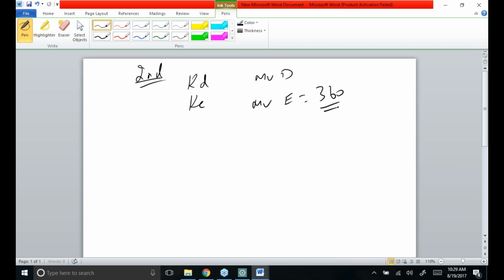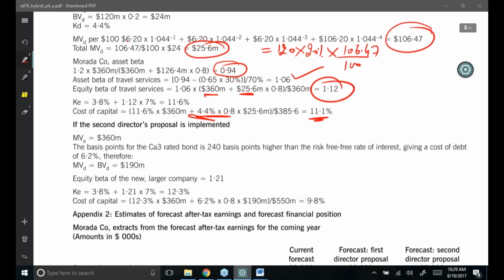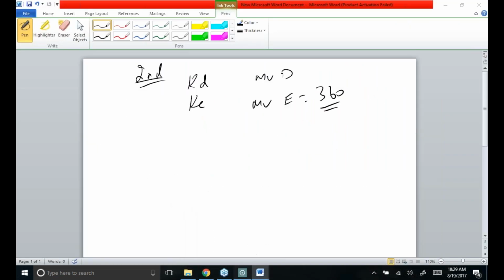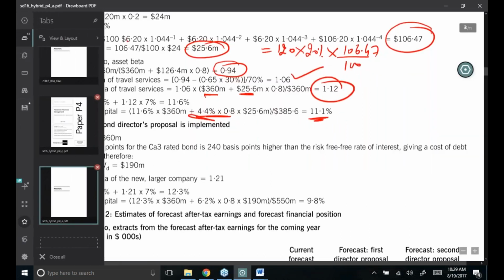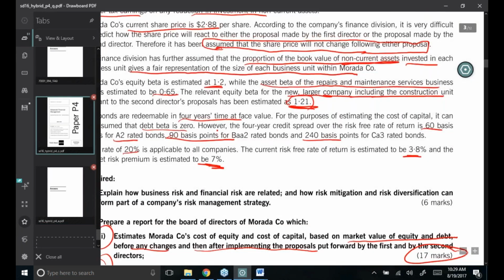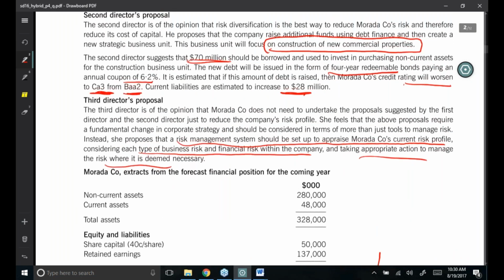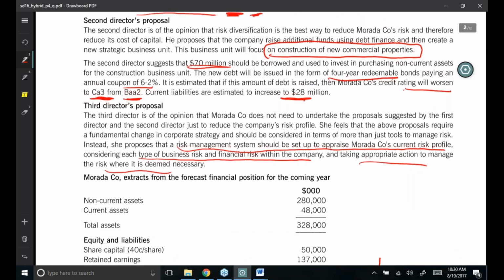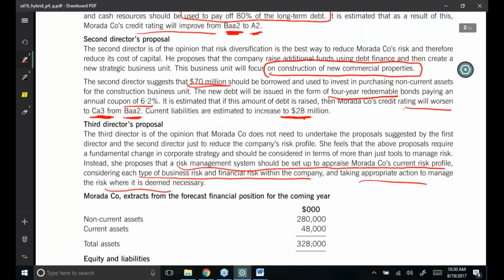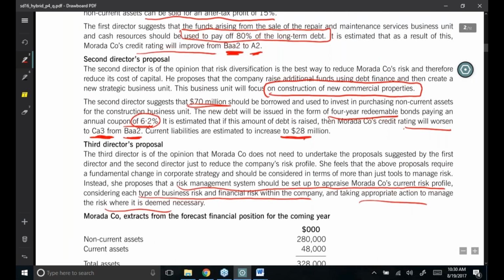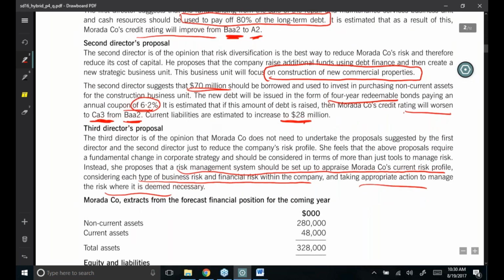Equity value will be the same. According to the second director, a new bond will be issued at the same coupon, 6.2, and you need to calculate its value.